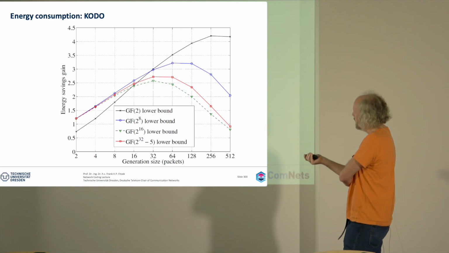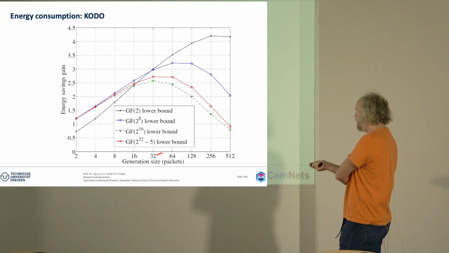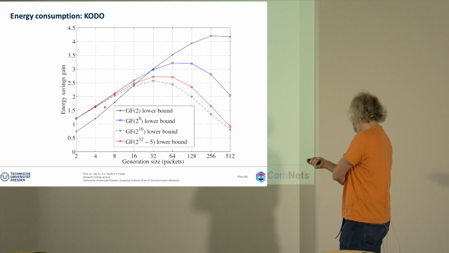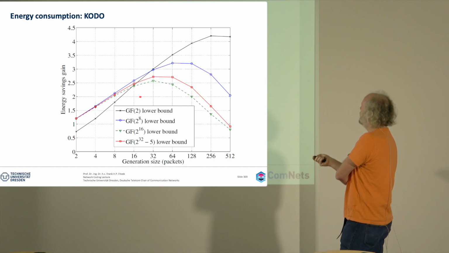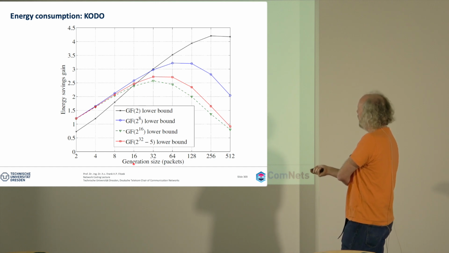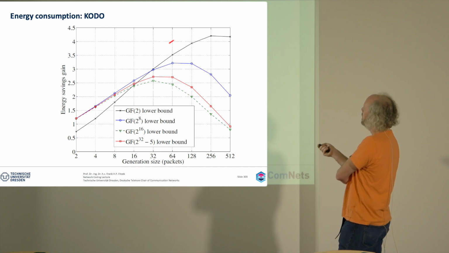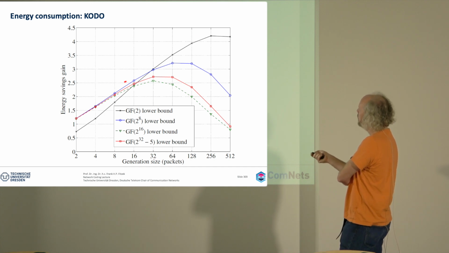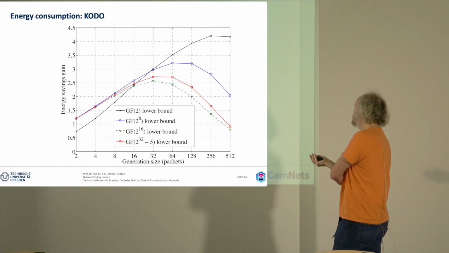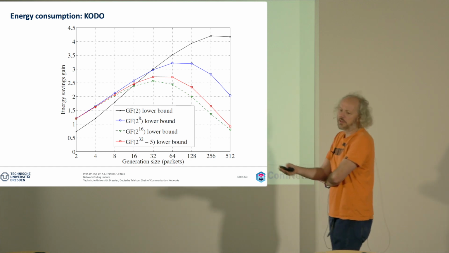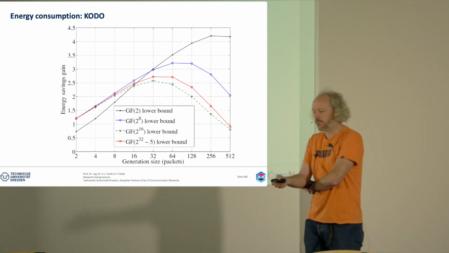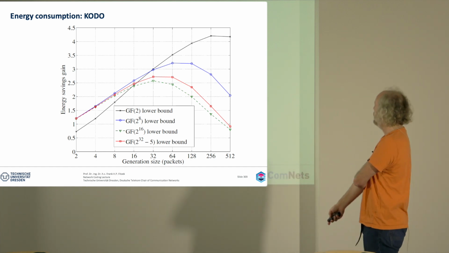This is quite interesting, a plot where you see the energy saving gain over the generation size for different field sizes. The biggest gains you get, for example, with high generation sizes, where you can switch to binary. Before that, there's a phase of 2 to the 8 where this is the best. Just to tell you, you can do the same as in the model. There are some papers for that, on how you can do this also for point-to-multipoint.